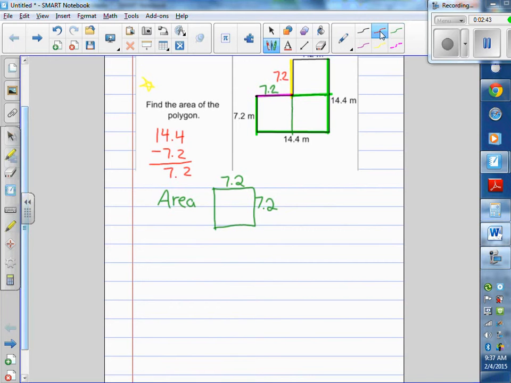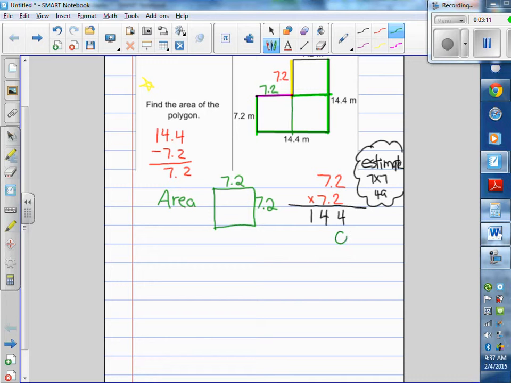So that's what we're going to do. They then multiplied 7.2 times 7.2. It's always good to estimate first. 7 times 7 is 49. So have an estimate. When you multiply, 2 times 2 is 4, 2 times 7 is 14.